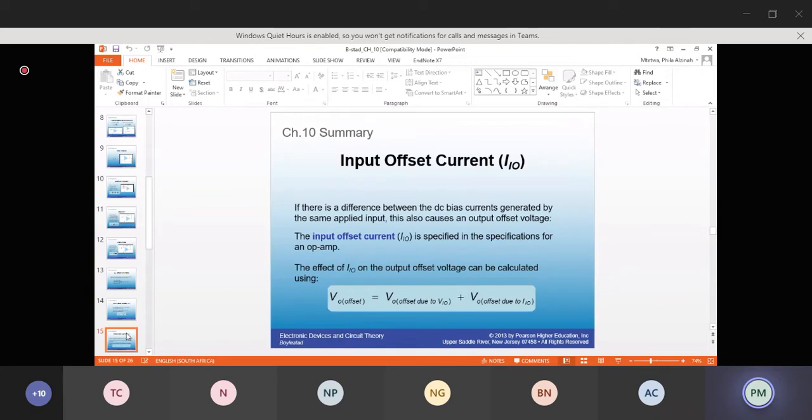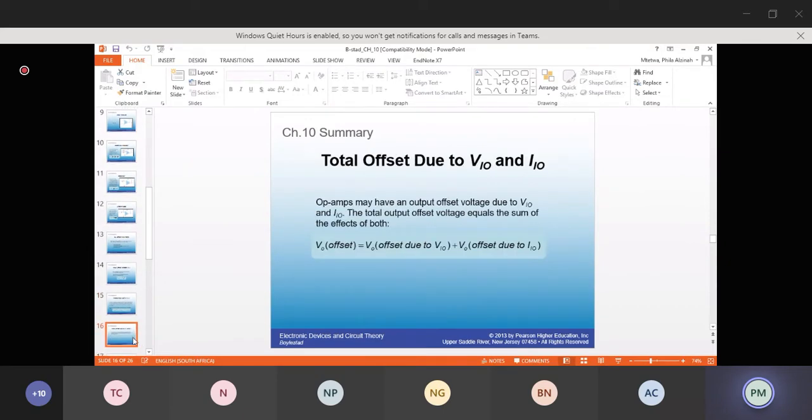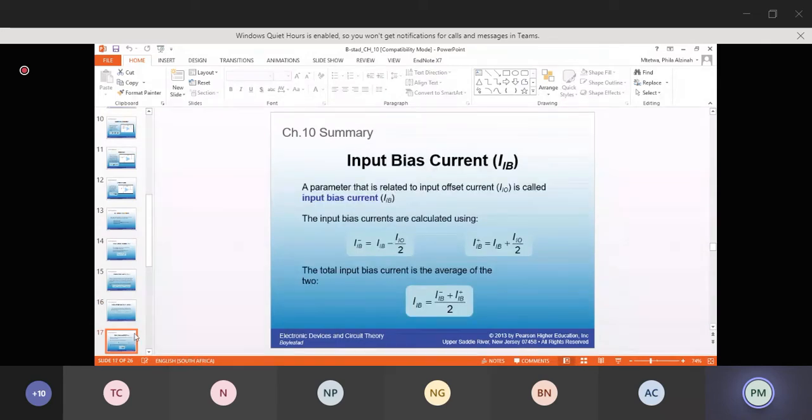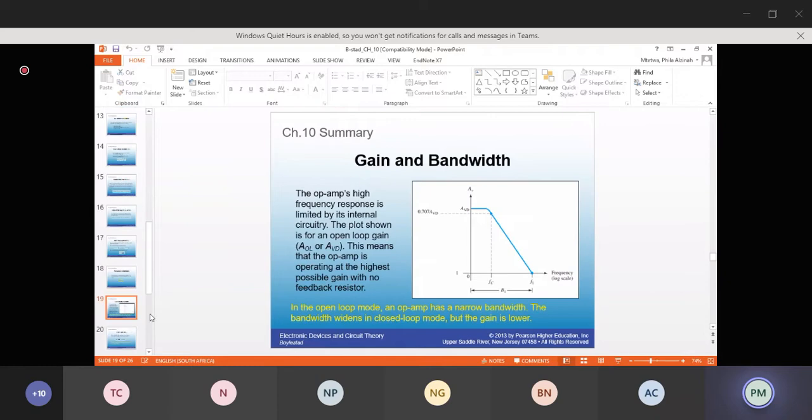There's not much calculation, but these are things that you just need to know. And then you have your input offset current. Related to this is the input bias current. Again, what offsets your current.